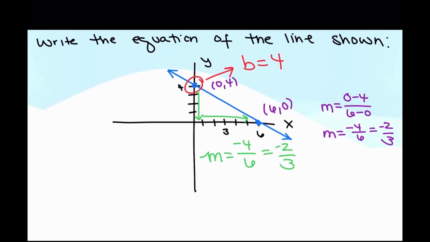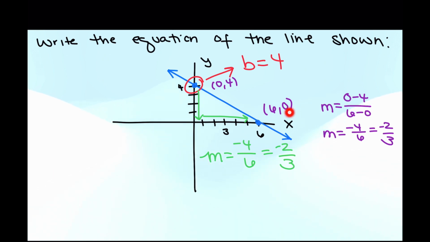So if my slope is -2/3 and my y-intercept is 4, I can just plug those in to get the equation. Now I do want to point out we can also use that same slope formula to get the slope if you don't like just visually doing rise over run. The y-intercept is at the point 0, 4. This x-intercept is located at the point 6, 0.